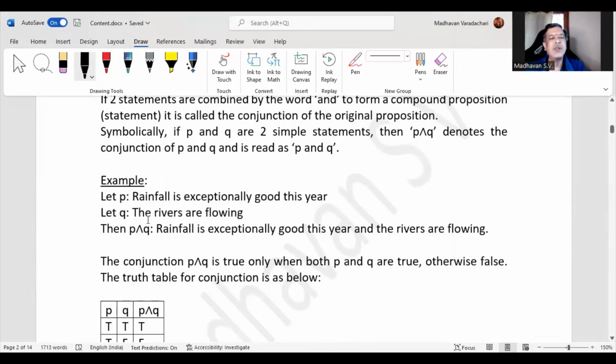Statement Q is the rivers are flowing. Then P and Q will become rainfall is exceptionally good this year and the rivers are flowing.